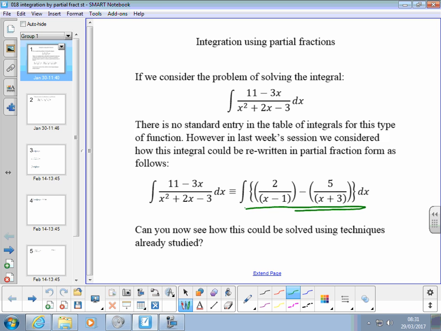Can you see a way, without looking in your notes on the next page, because I haven't given them to you yet, that you could actually integrate that function now? Any ideas? Remembering that if we've got two functions separated by a minus or a plus sign, we can integrate each of those separately.